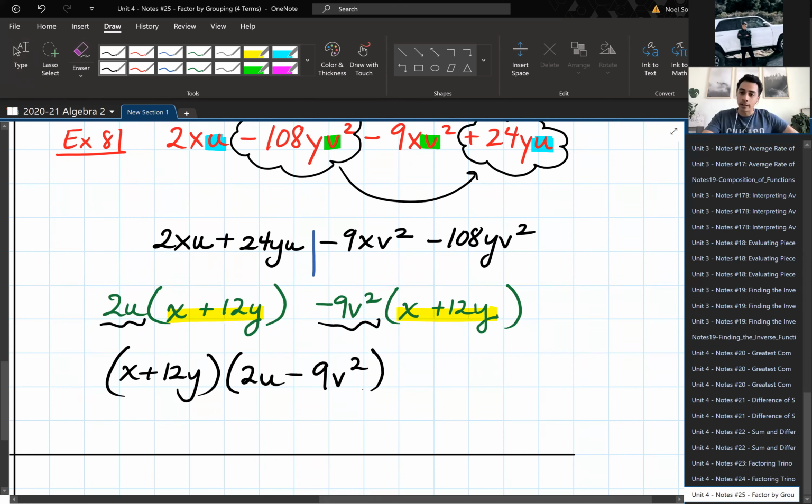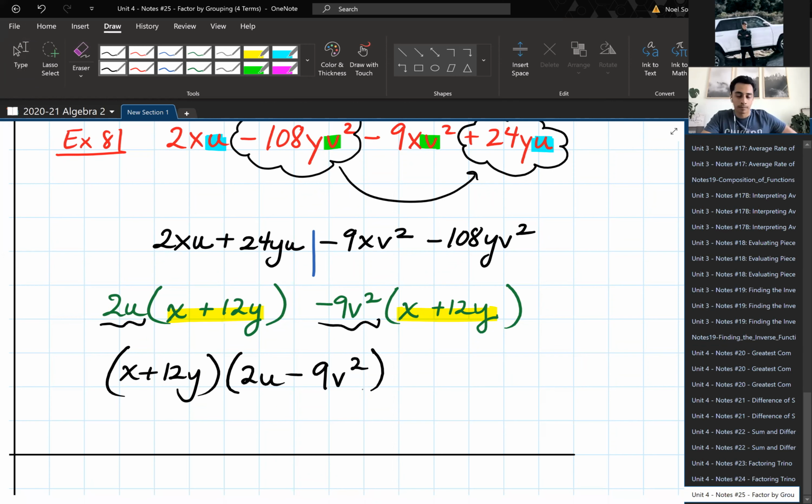Final question always is, can it be factored any further? All right, I agree. It cannot. It's close, but it's not quite a difference of squares, and there is no other GCF.